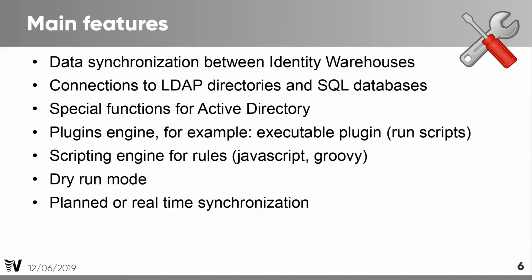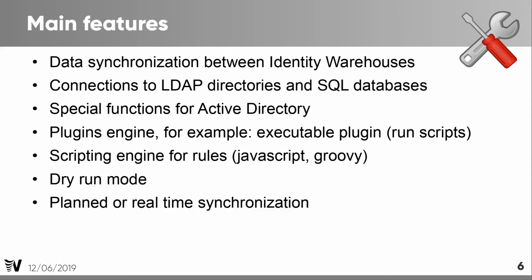One of the last points is the dry run mode. It's very important. It means you can run your connector, but in a read-only mode. So you will see what the connector would have done before writing your modification. The last point is to say that LSC can be planned. It means you can run it as a cron job.